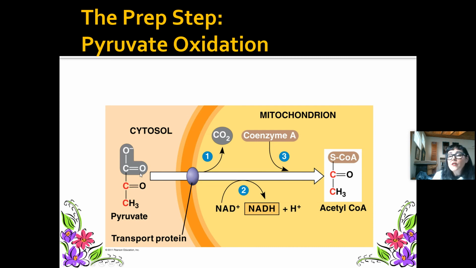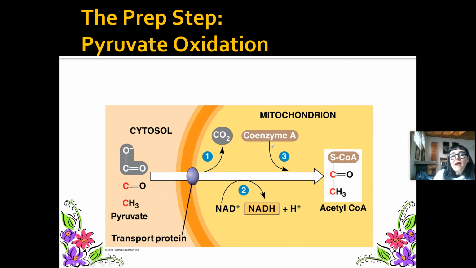Now we're going to remove this to produce CO2. Again, no atmospheric oxygens necessary. When we break this off, this hydrogen and the high energy electrons are going to go to NAD to make NADH. And again, this is going to go to the electron transport chain in the cristae.